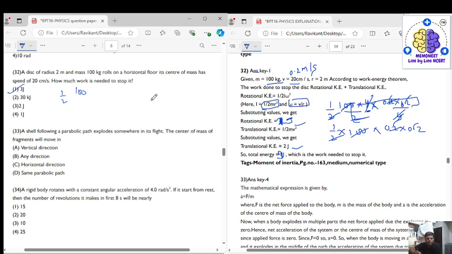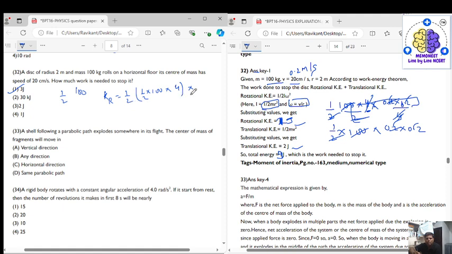I'll solve it here again. The rotational kinetic energy will be equal to half into I, which is half into 100, this is m, R square is equal to 4, right? This is mr square, the moment of inertia I, into omega square.